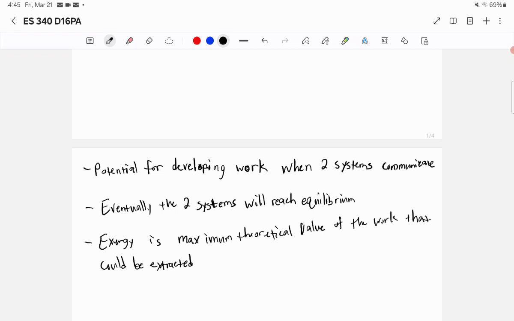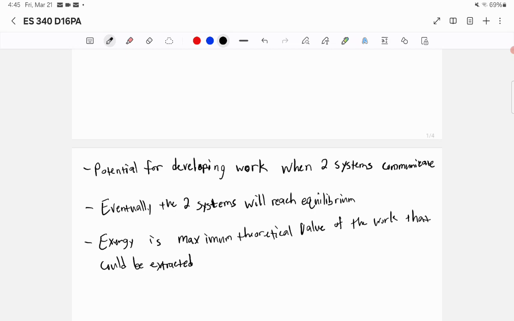So as I already hinted at in the initial example that I gave, really the exergy is measuring that potential for work that could be done, right? That's going to be the key thing. We really want to know how much work could be done.